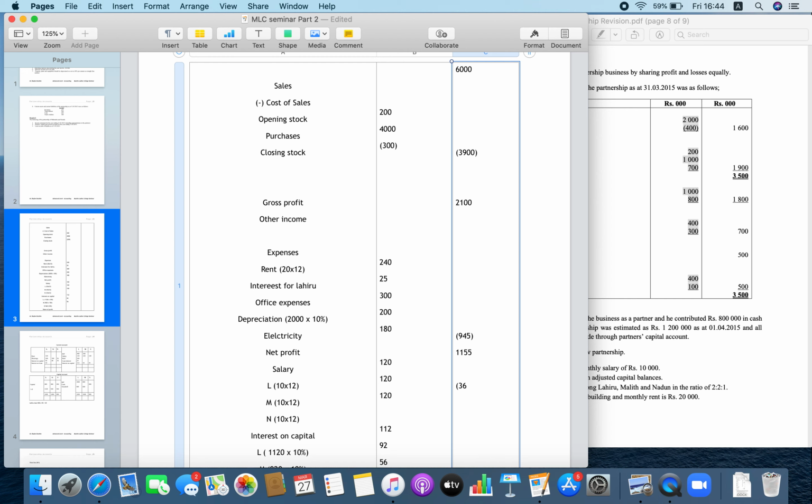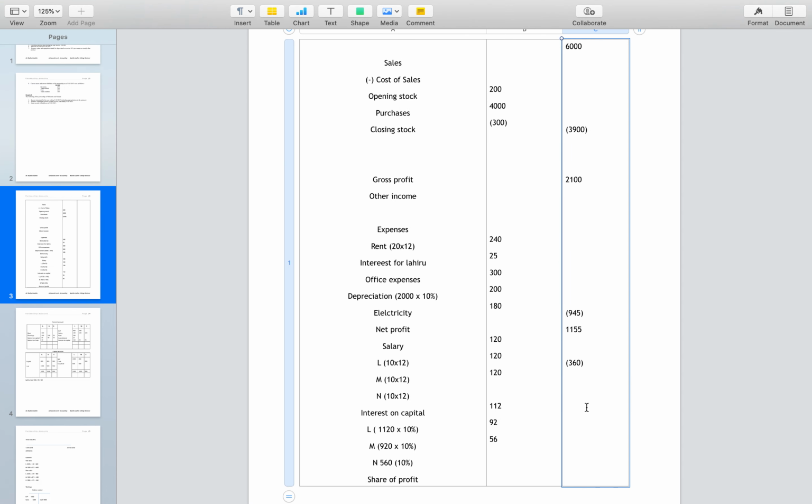And also our interest on capital, when you add, that will now be 260. So from the net profit, please subtract your salary and interest on capital. That's 1155 minus 360 minus 260, so we are left with 535.